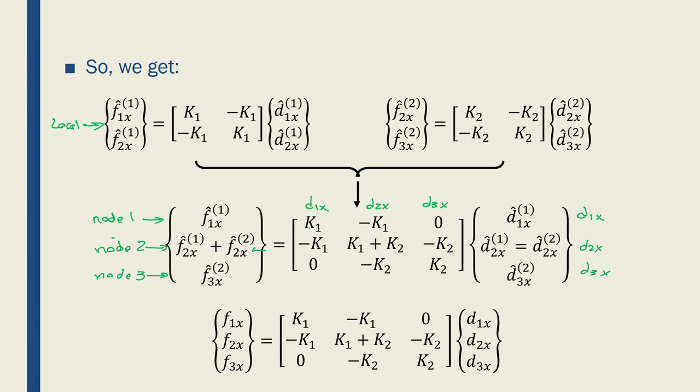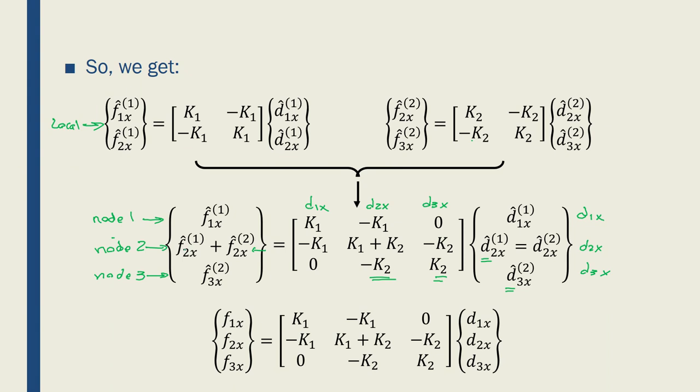So K1 under D1x, minus K1 under D2x, but the same displacements. And F1 doesn't apply to node 3, so I can write 0 here. Let's move to the third row first, because it's also easy. That would be from this part of the matrix: minus K2 times D2x plus K2 times D3x.